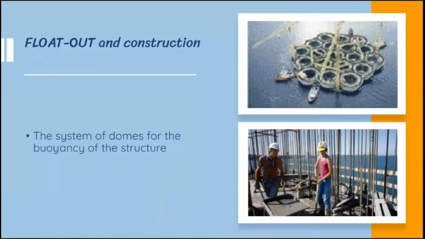Float out. With the frames ready to float, displacement checks are performed to ensure the flotation can be achieved within the draft and the design tolerance. When the building of the base is complete, the ballast water is removed from the cells and the base floats.